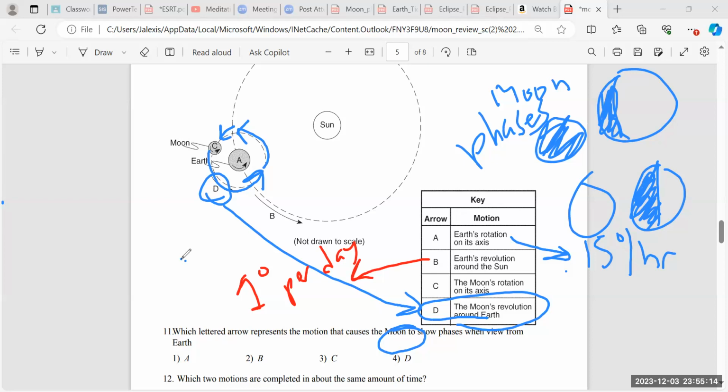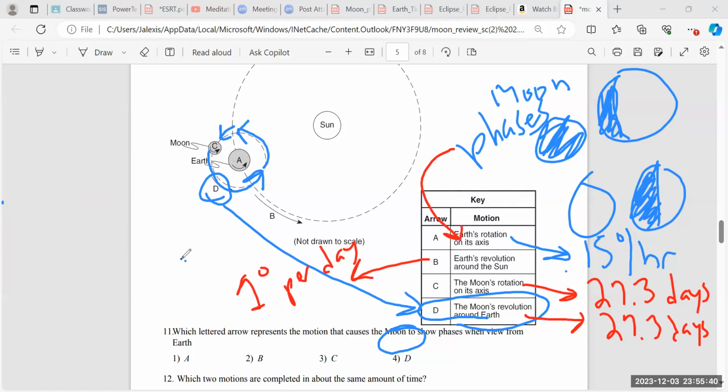The moon's rotation on its axis, we know that takes 27.3 days. And the moon's revolution around Earth, 27.3 days. I should also add that for the Earth's rotation on its axis to make a complete full rotation, it takes 24 hours.